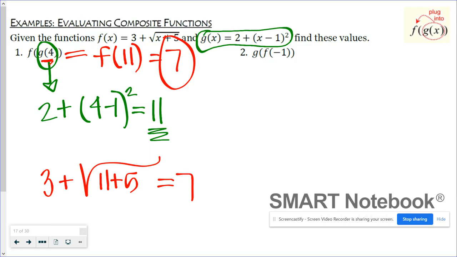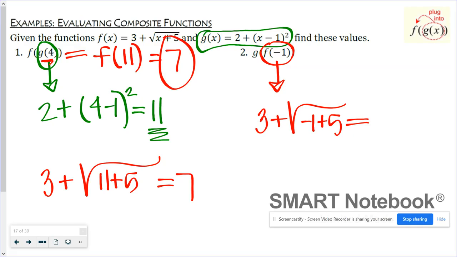So we're starting with the inside, and we're evaluating the inside. So in problem 2, f of -1, I need to figure out what that is. So the function f is 3 plus the square root of -1 plus 5. I do my math, and I get that this is 5.